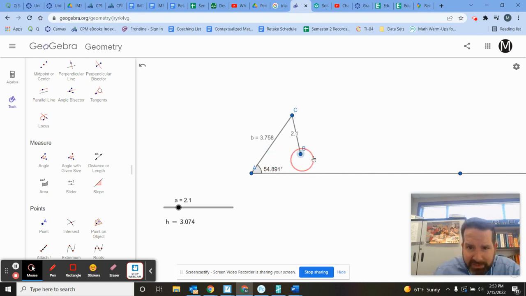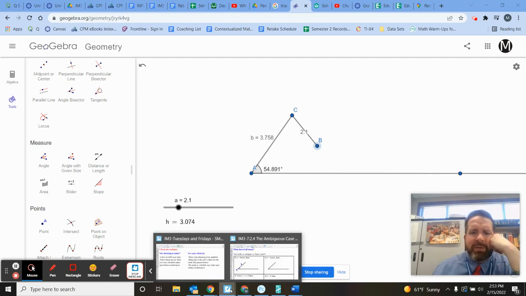And I hope I can convince you that no matter what you do, there's no triangle that can be made. This third side, this side A, simply isn't long enough to get down to here and close off the triangle. So if side length A is less than this B sine A, then there are 0 triangles that can be made.